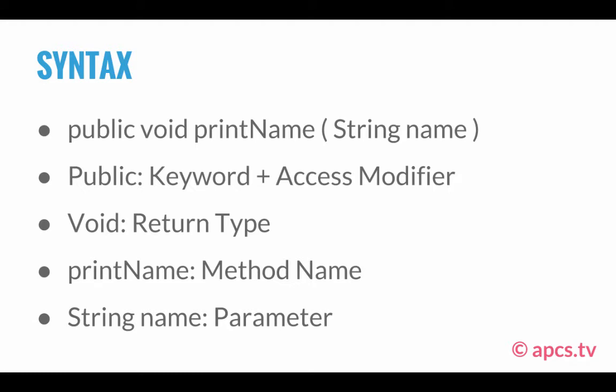And the void keyword signifies the return type. So the return type is basically what does the program return? So what does it give? Like when I insert something into a program, what will the program do in return? So let's say I had a program like getName and I wanted to find out a name, then we would have the program return the name.